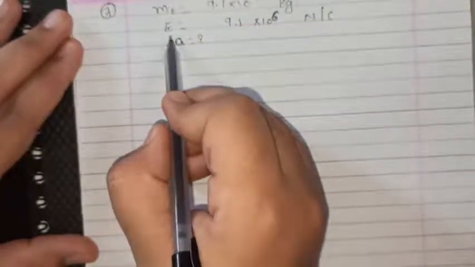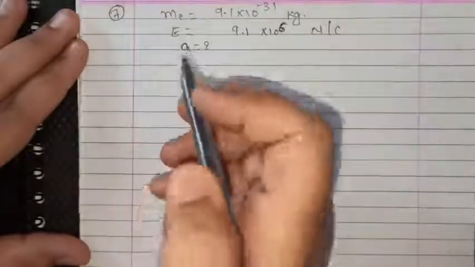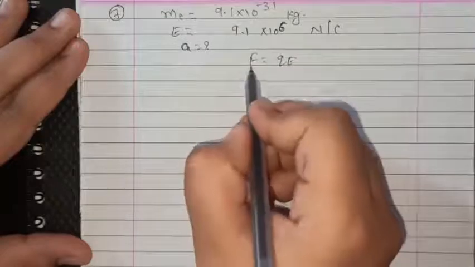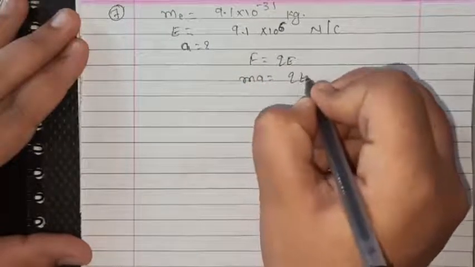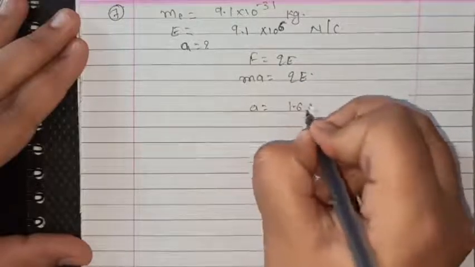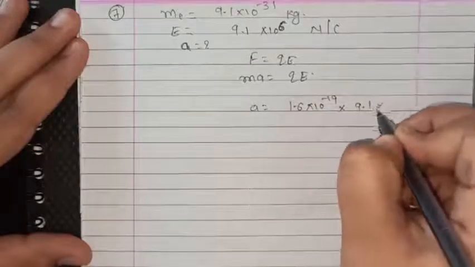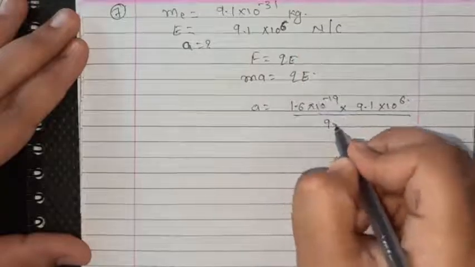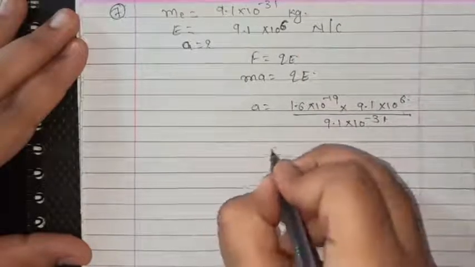Here, due to the electric field, a force will act on the electron. The force is given as QE, and we can write F is equal to MA. So MA is equal to QE. So acceleration will be the charge on the electron, 1.6 into 10 power minus 19, times the electric field, 9.1 into 10 power 6, divided by the mass of the electron, that is 9.1 into 10 power minus 31 kg.